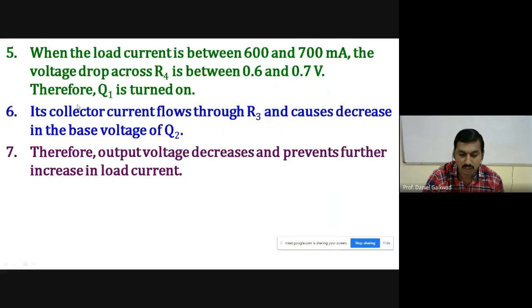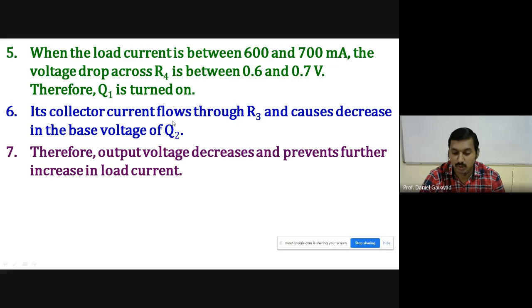Okay. So once again we read point number five. When load current is between 600 and 700 milliampere, the voltage drop across R4 is between 0.6 to 0.7 volt, and if it is 0.6 to 0.7 volt, Q1 is turned on and its collector current flows through R3 and causes a decrease in the base voltage of Q2.